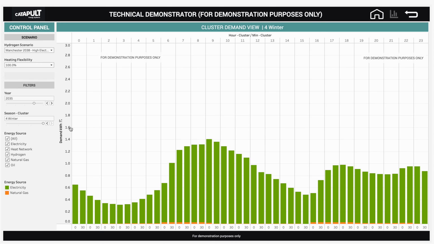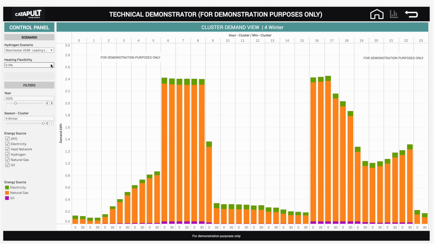The model's not particularly sensitive to it, but you can see there's quite a slight shift there in smoothing out the curves. I mean, they're smooth to an extent already under this profile. If we went to leading the way, maybe go back in time a bit.